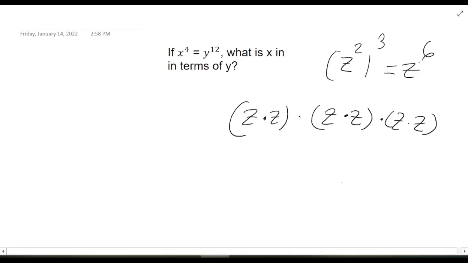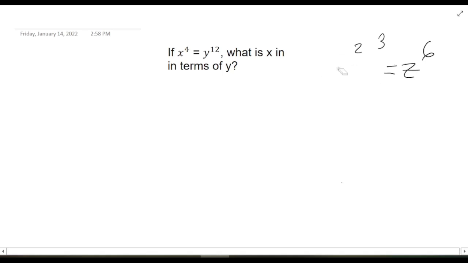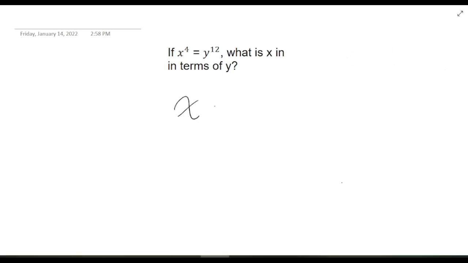So knowing that, let's rewrite our x as y to some variable z, right? Because z could be 1, z could be 2, so we're just going to rewrite x as y to the z. So remember that we're raising x to the 4th power, so that means we have to raise y to the z to the 4th power.